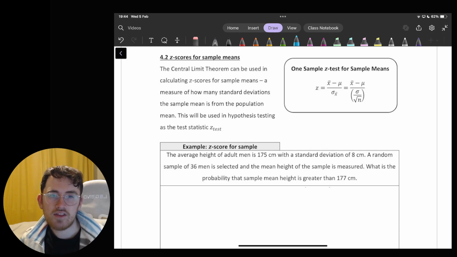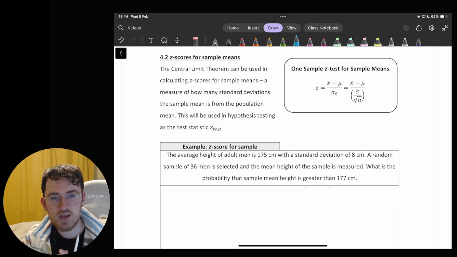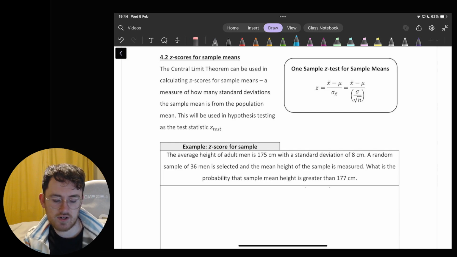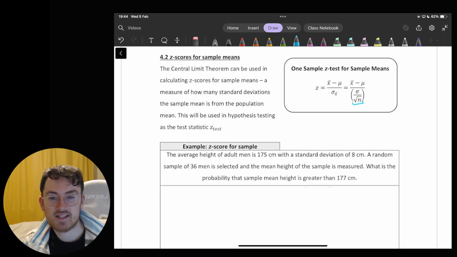But rather than looking at specific values here, we're looking at the sample means and how far away this mean value is from the actual mean value. So rather than looking at how far a particular value is from the distribution mean, we're looking at how far the sample mean is away from the actual population mean. The slight difference again is the fact that it's a sample.